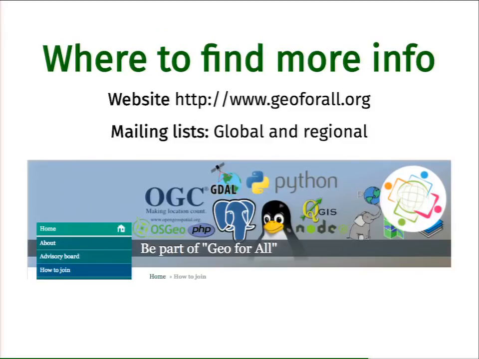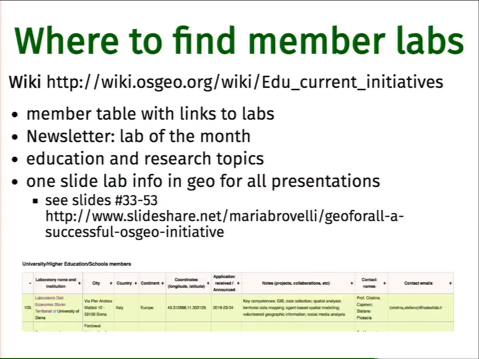Okay. So now, where can you find more information about the organization? There is a website, Geo4all, and there is also a mailing list. I usually recommend the global list. There are also regional lists for people who want to organize or do some initiative based, let's say, only in the United States or only in Europe.